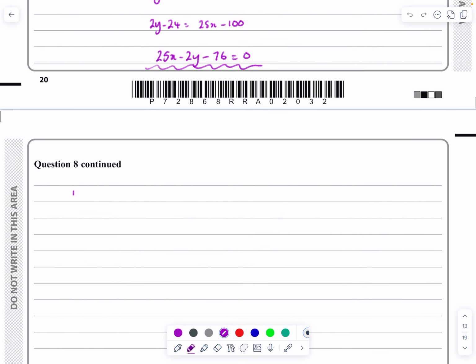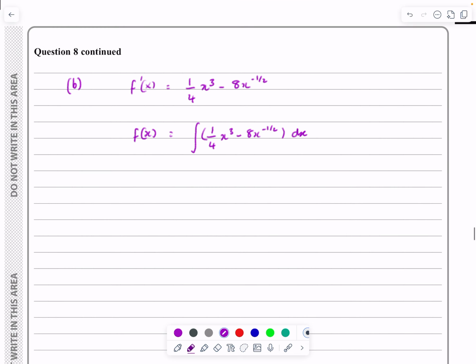So part B, we've got that f dash x now instead is equal to a quarter x cubed minus 8x to the minus a half. And again, they've got it in a format that I can integrate straight away. So f(x) is equal to, I can just integrate this function, if you're doing it properly, put it in brackets, all with respect to dx there.